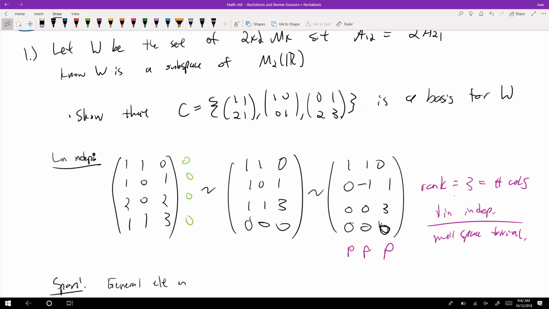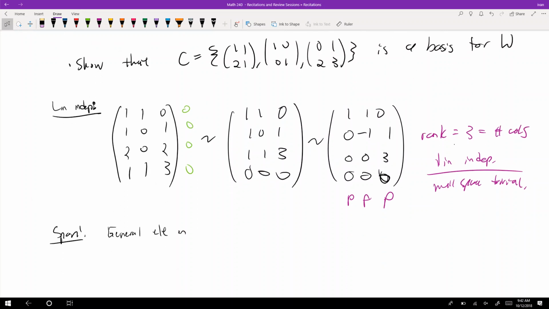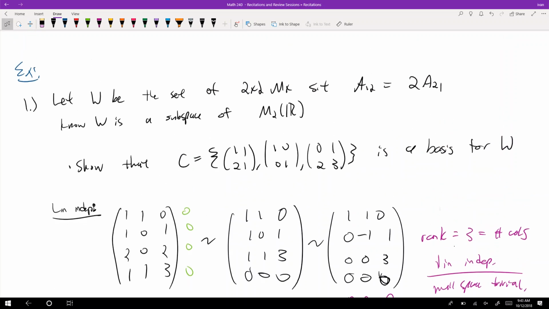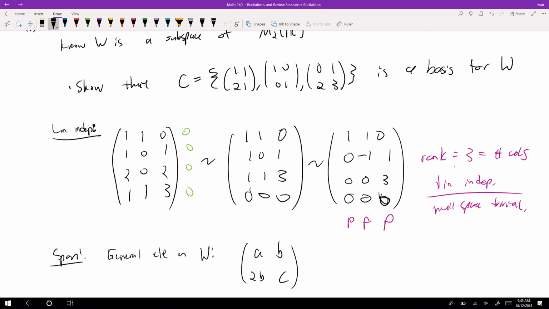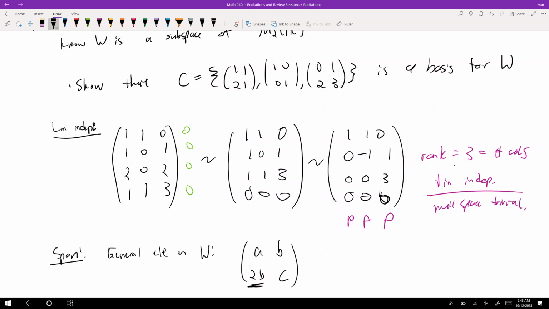We want to show that it's a basis for W. So we need a general element in W. What does that look like? Not A, B, C, D. That would be M2R, because we have a condition on W. A, B, 2B, C. Yeah, so A, B, 2B, and C, right? Because we know that A12 is equal to 2A1. And so this guy has to be 2 times that guy.